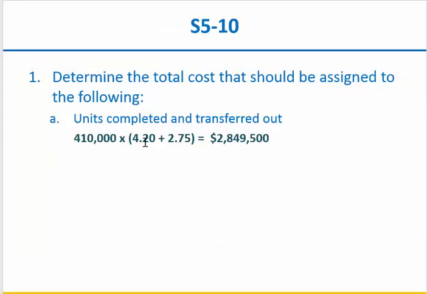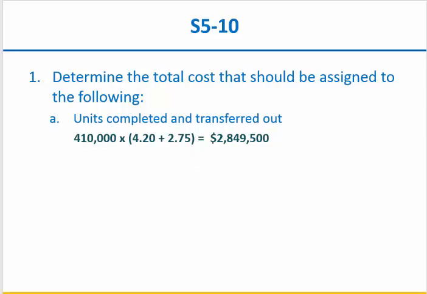You can do 2 separate multiplications, or you can just add direct materials to the conversion cost, then multiply by 410,000, and the result is $2,849,500. I'm not going to use a calculator to verify in front of you, and feel free to do so.